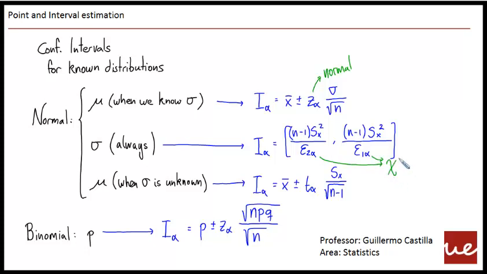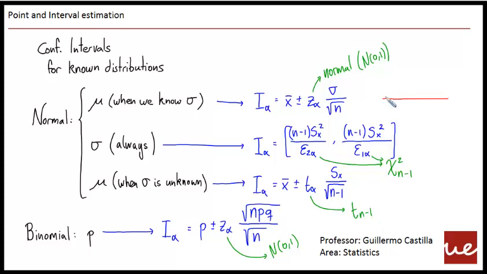So if I have, for example, a confidence interval for mu in a normal that goes from 1.2 to 1.5, it means I have a 95% chance that the population mu, the mean of the population, is in between those two numbers. So if my point estimator is in between those two numbers, it's quite probable.